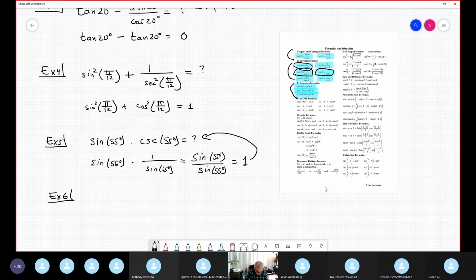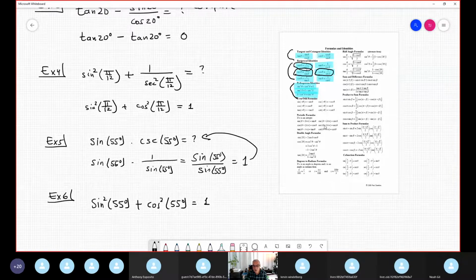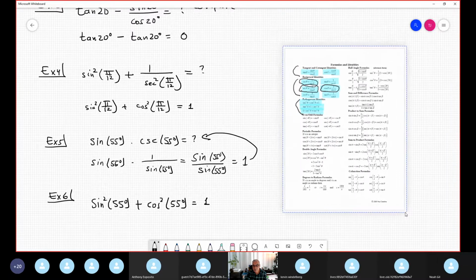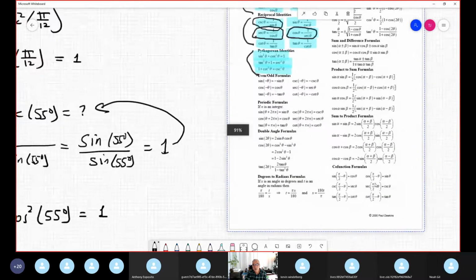One more and that's it. Sine squared 55 degrees plus cosine squared 55 degrees is equal to, I have no idea. So you need to remember the cheat sheet, look at that. Zoom.